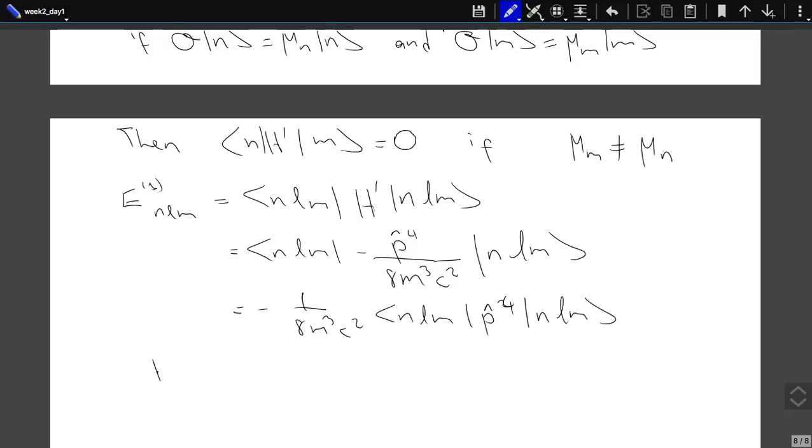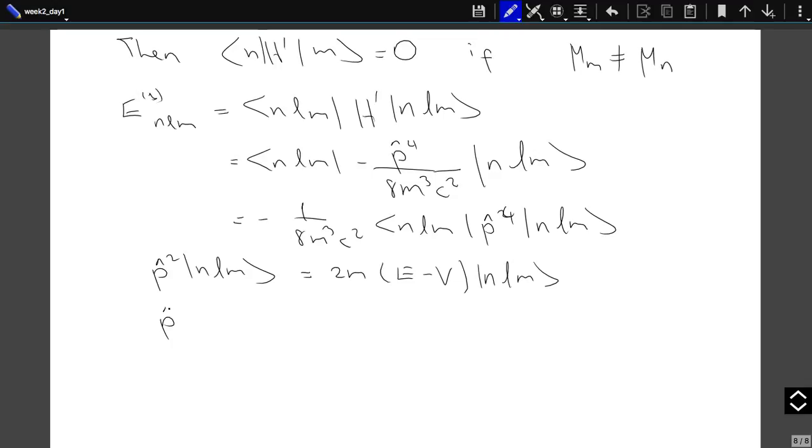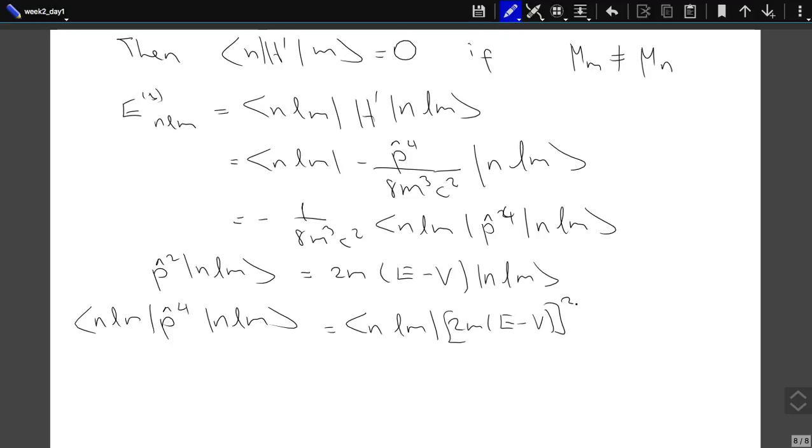What it says is we already know that P squared acting on nlm is equal to 2m times E minus V acting on nlm. So P to the 4 between nlm and nlm is equal to nlm 2m (E minus V) squared nlm.